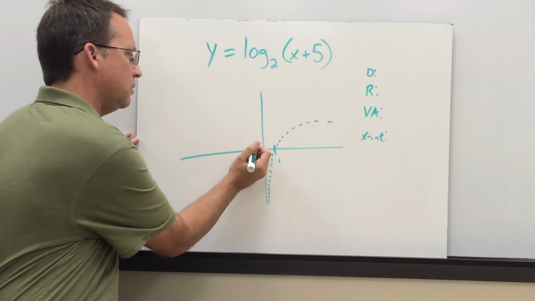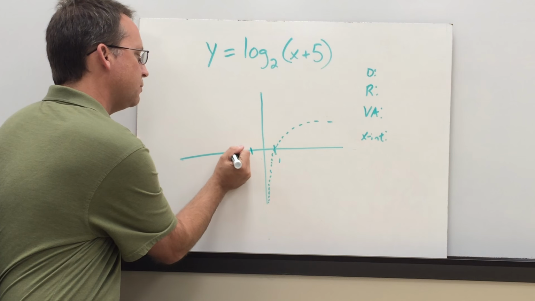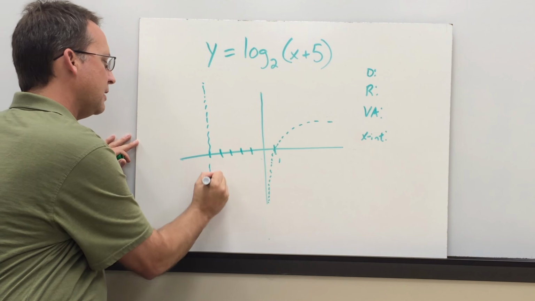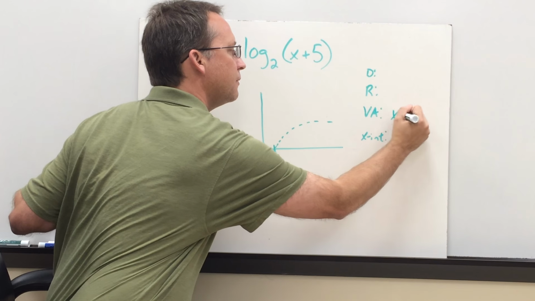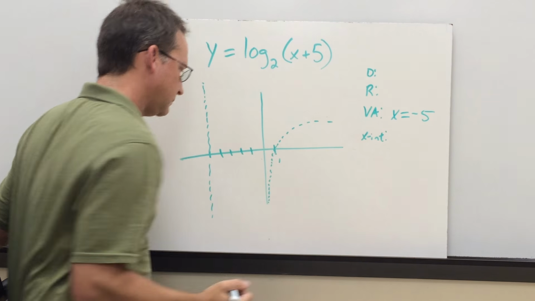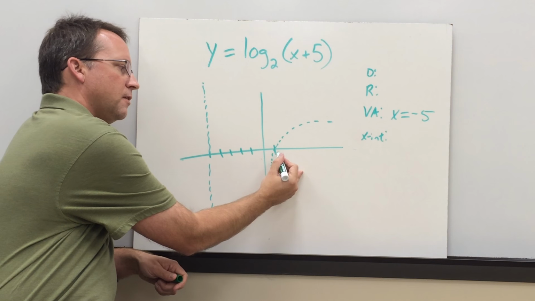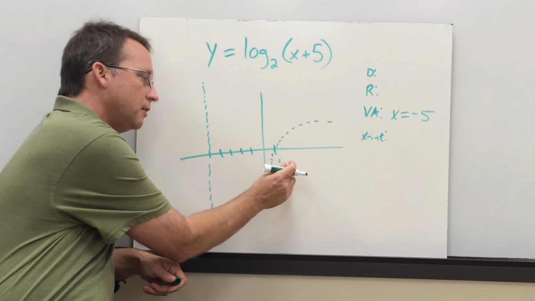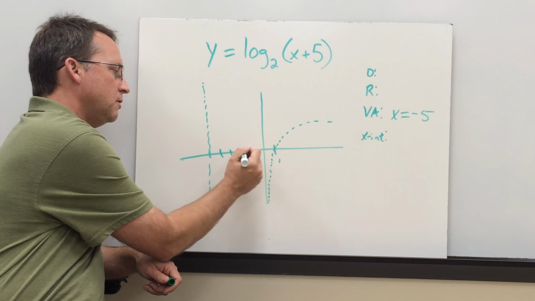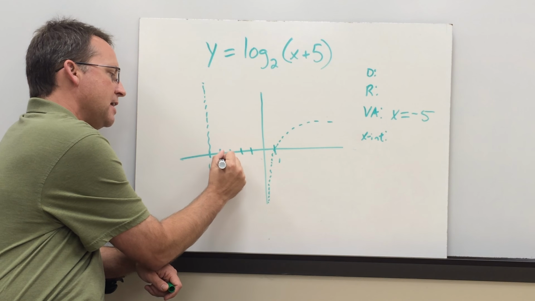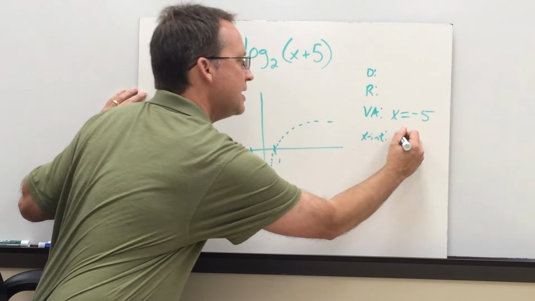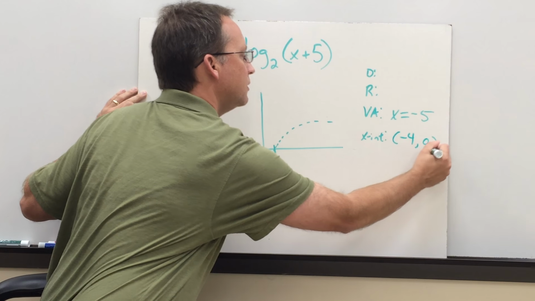That vertical asymptote, instead of being x equals 0, is going to be out here at x equals negative 5. That x-intercept, which used to be at 1, moves back 5 units, 3, 4, 5, to negative 4. So our x-intercept here will be at negative 4, 0.